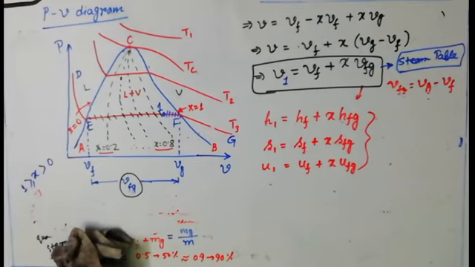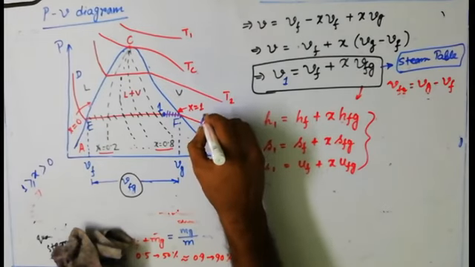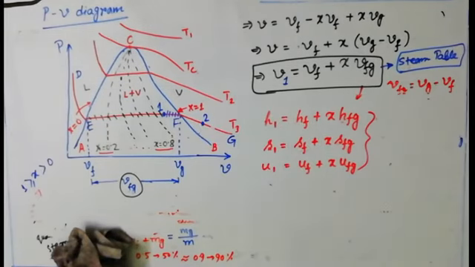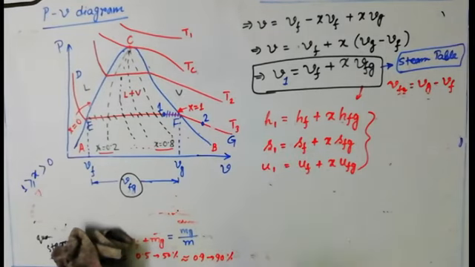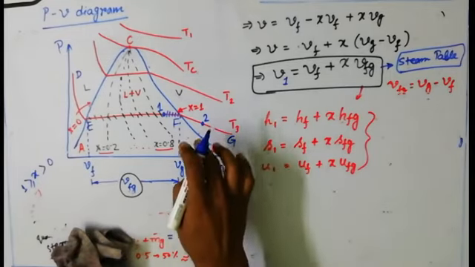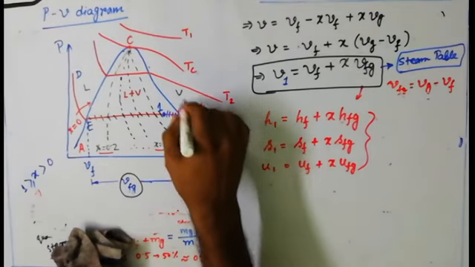Understood? Now suppose your steam is locating somewhere else here, and suppose that is point 2 I am indicating. Your steam is locating over here, so that means it is a superheated region. It's a complete vapor region, no moisture part is there. If you try to find out the specific entropy at this particular location, point 2, that is the superheated region.